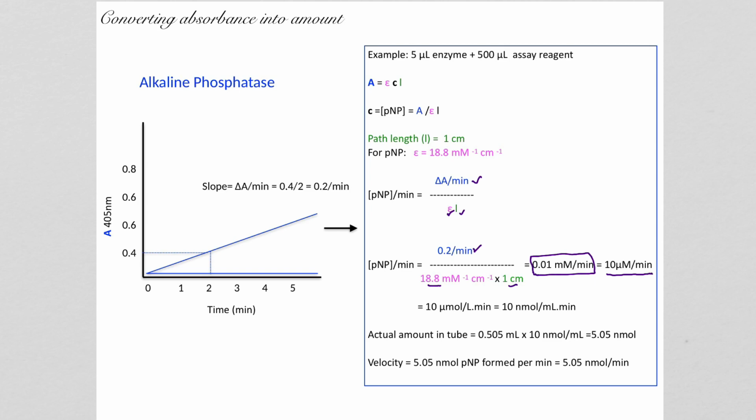And that's basically 10 micromoles per liter formed per minute, which is the same as saying 10 nanomoles per milliliter formed per minute.